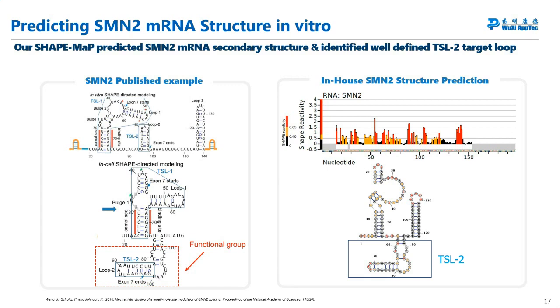Our data identified several stem loops that are consistent with published structures, particularly this terminal stem loop 2 located at the exon 7 and intron 7 junction with the implication of regulating SMN2 splicing.